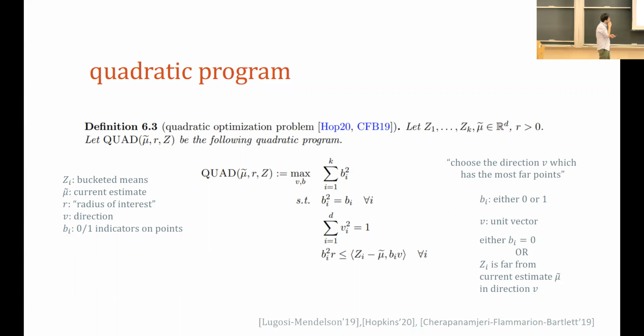So if this quadratic program has a high value, it means that for the direction v, mu tilde doesn't look like a median. It's far from being within the 40th to 60th percentile, say.